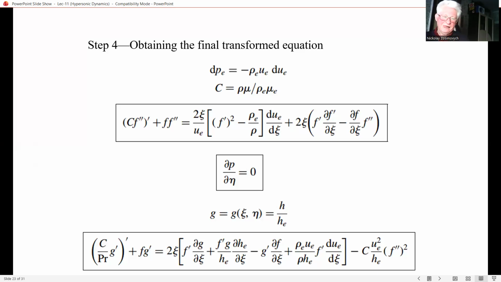Okay, so let us examine our last equations on this slide, the transformed compressible boundary layer equations. They are still partial differential equations, where both f and g are functions of zeta and eta.